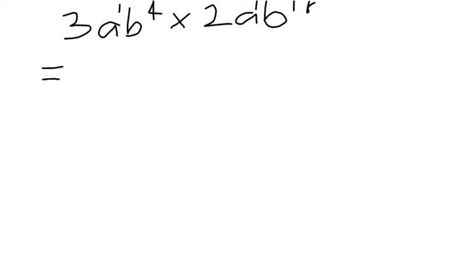Let's also look at our variables. What are like terms? Well, our 3 and our 2 are constants, so we can multiply them together. Our a's are like terms, and our b's together are like terms.